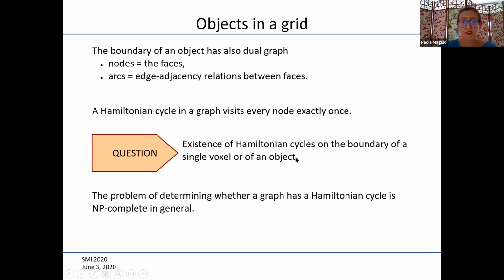Our question is whether Hamiltonian cycles exist on the boundary of a single voxel of an object in the FCC grid, or generally in a grid, where a Hamiltonian cycle in a graph is a cycle which visits each node exactly once. In general, deciding if a graph has a Hamiltonian cycle is NP-complete, but we will consider special cases of graphs.